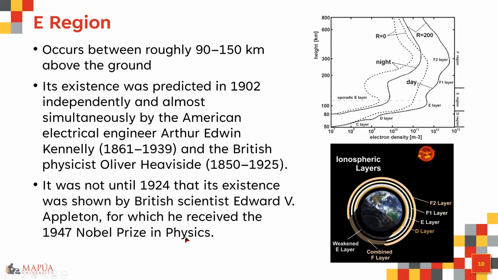In 1947, Edward Appleton proved the existence of a conducting layer in the Earth's atmosphere. So it's a conducting electrified layer. That's why it's called the E layer. And then the rest of the layers are just labeled alphabetically.